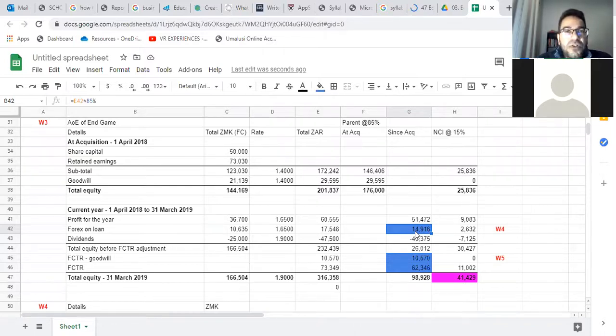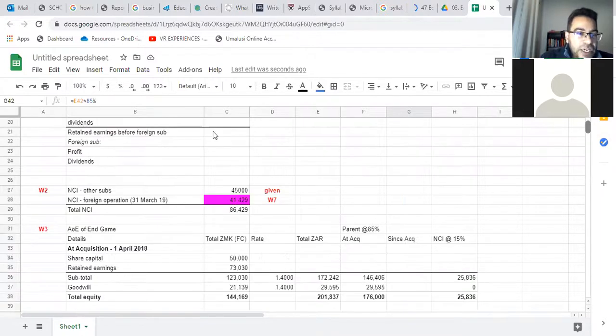But in this scenario, the loan in substance is considered to be part of the investment. Why? Because there are no repayment terms. So the accounting standard is saying that it's basically a further investment that the parent is making. Therefore, that forex exchange gain or loss is included in OCI as FCTR. So that's important, and that is why I don't bring the forex loan over here.